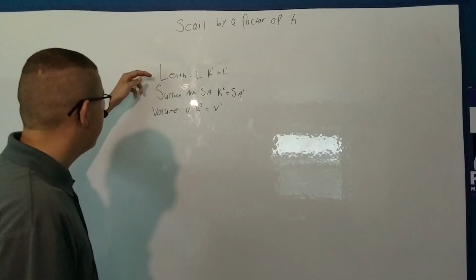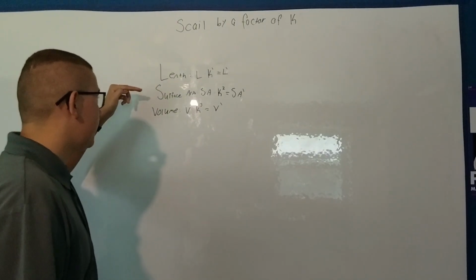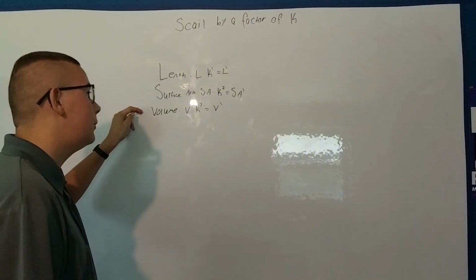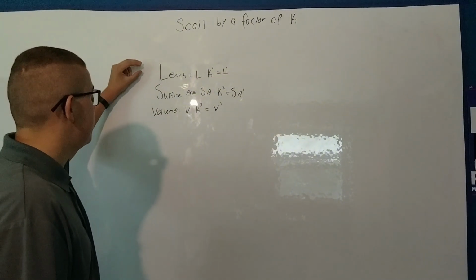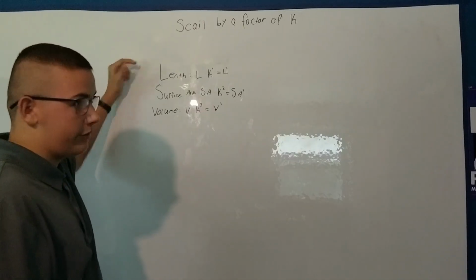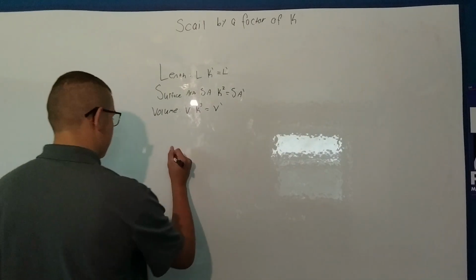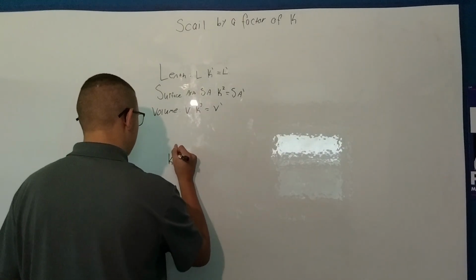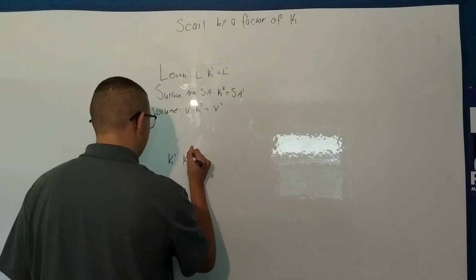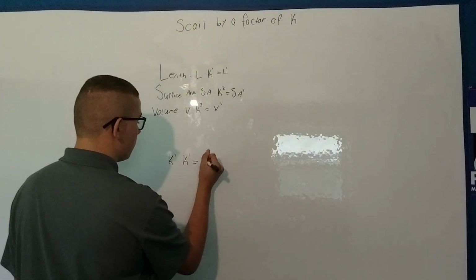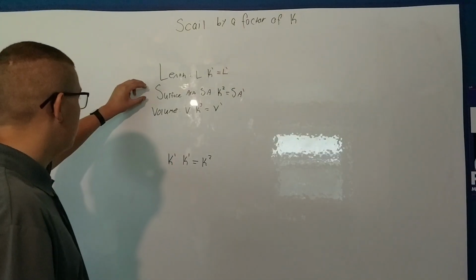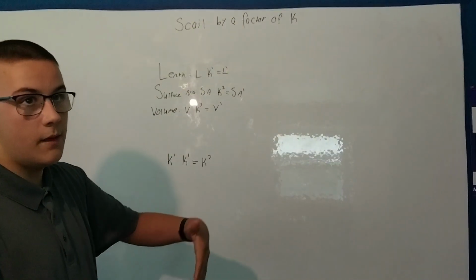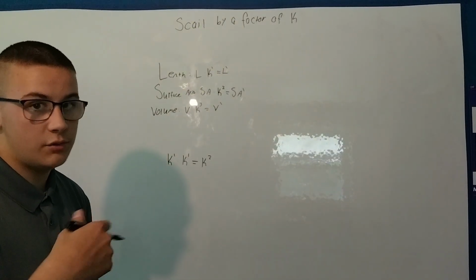And because the length determines the surface area and the surface area determines the volume, right? Because the length is length times length, if you have k to the first times k to the first, that equals k squared, right? And that'll give you one face that you multiply times 6, and it gives you the surface area.